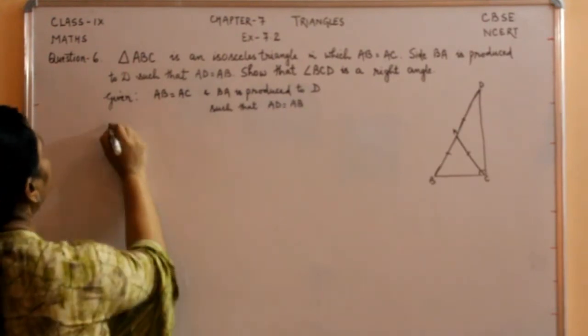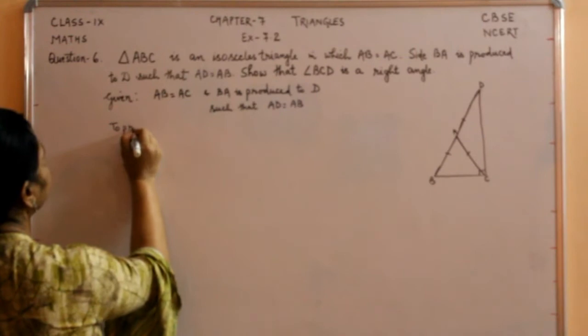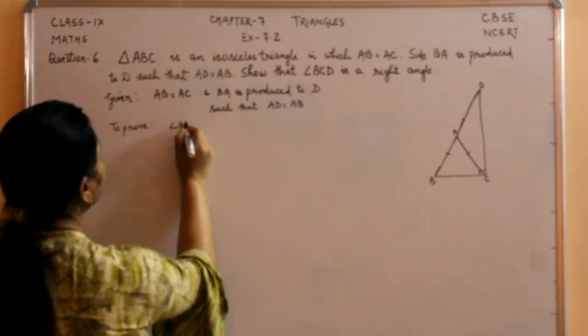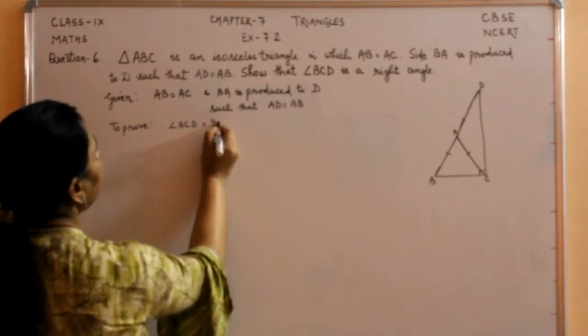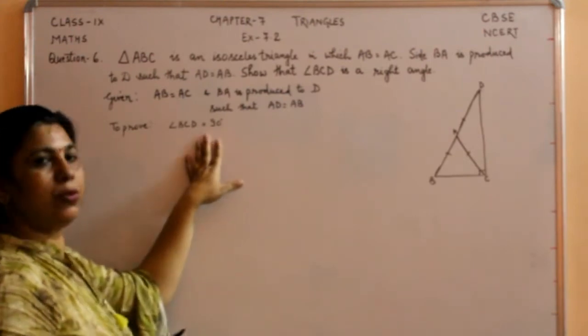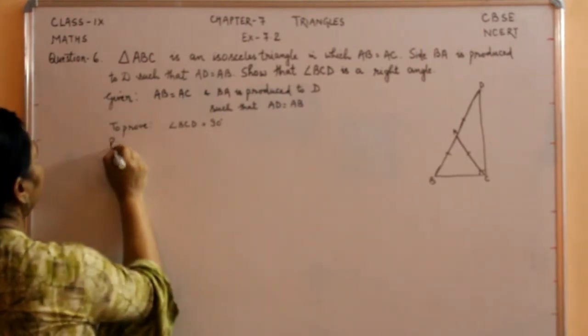Now what we have to prove? We have to prove angle BCD is equal to 90 degree. Angle BCD is a right angle means angle BCD is equal to 90 degree. Now prove.